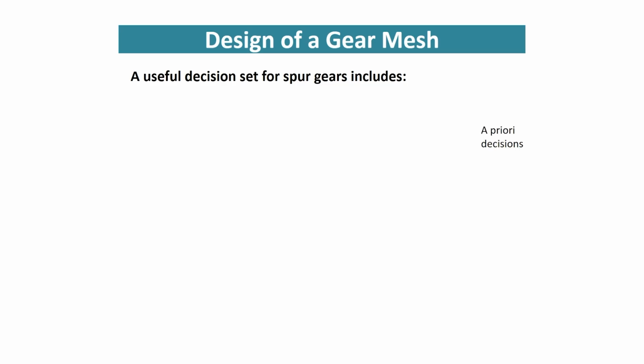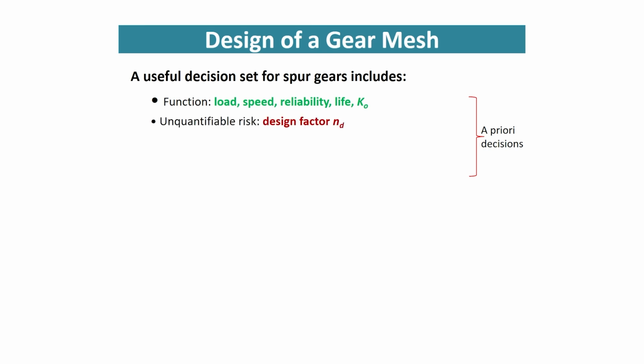A useful decision set for spur gear includes a priori decisions, which are function, load, speed, reliability, life and the overload factor. Then for unquantifiable risk, we take the design factor or factor of safety, and the tooth system, which is the pressure angle, the helix angle for the case of helical gear. For the case of spur gear, this will not be taken. Then the addendum, dedendum, root fillet radius.